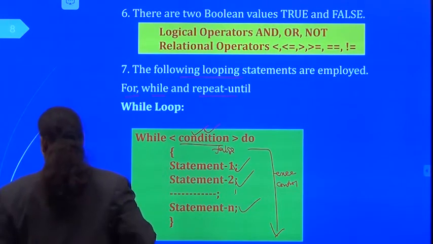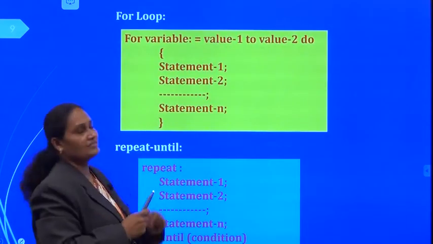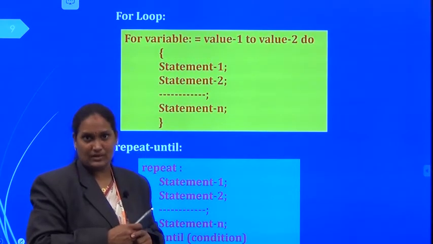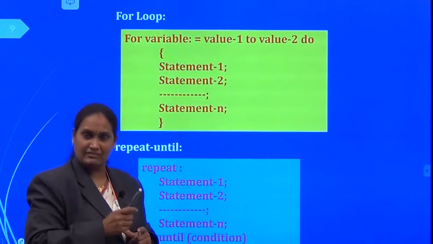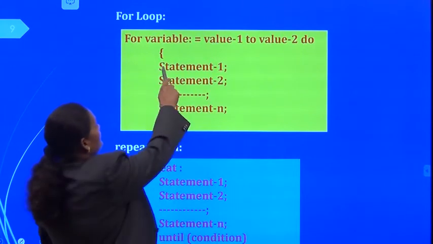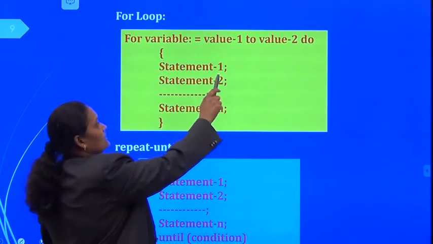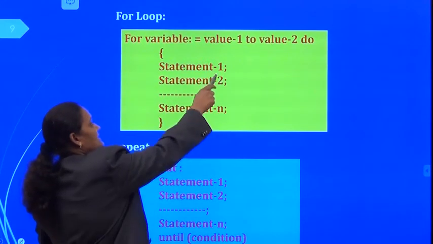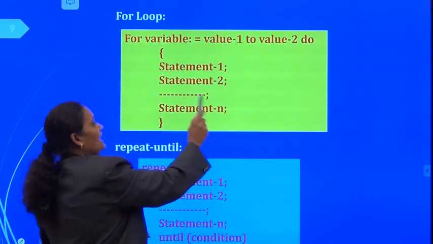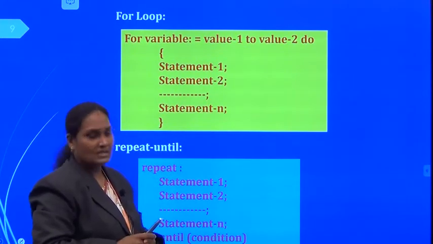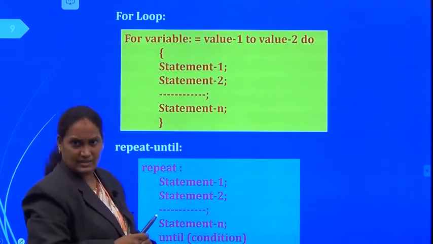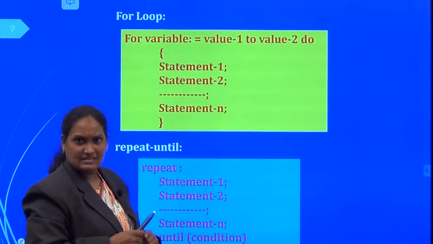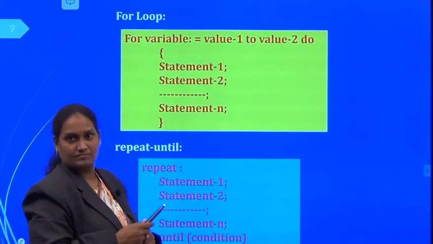Now I am going to explain the next looping statement, which is the for loop. Let us see the syntax that we follow for writing the for loop in our pseudocode. For variable is equal to value 1 to value 2 do, within the braces we represent statement 1, statement 2, and so on, statement n. How is this for loop executed?